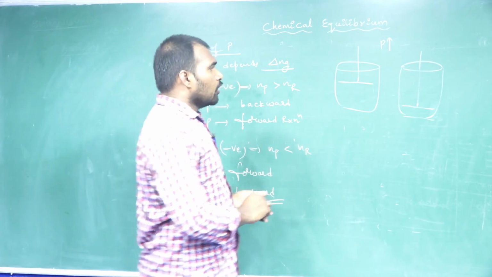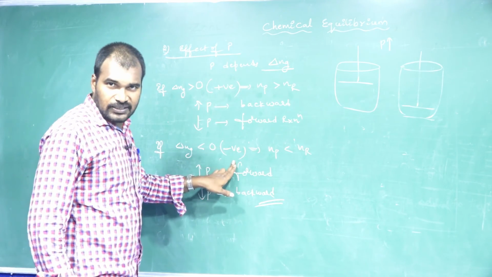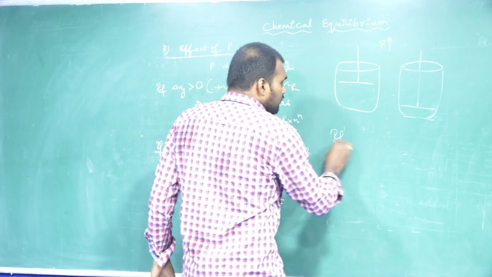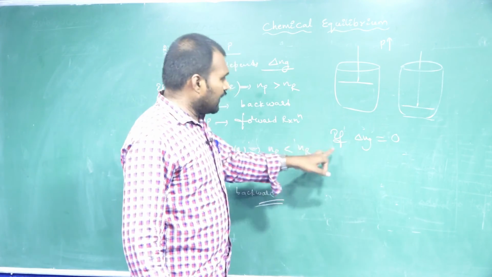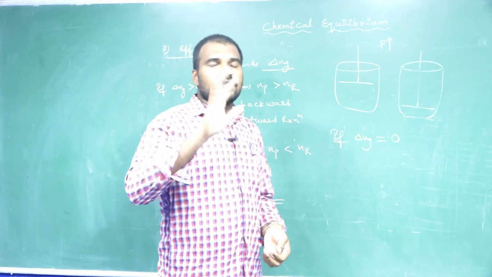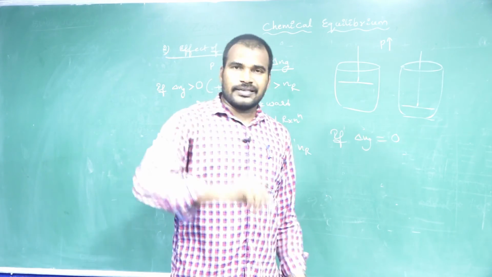We discussed delta Ng value positive and negative. In a few cases, if delta Ng value is equal to 0, then there is no effect of pressure on that system.